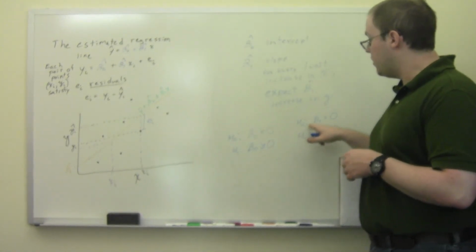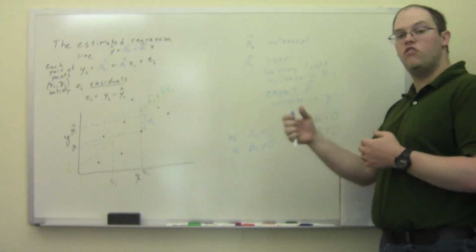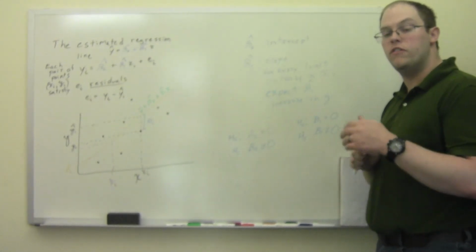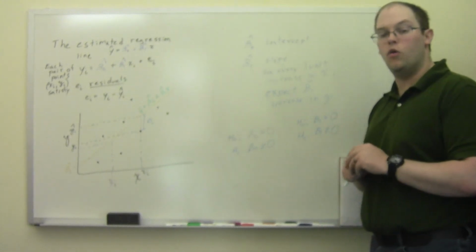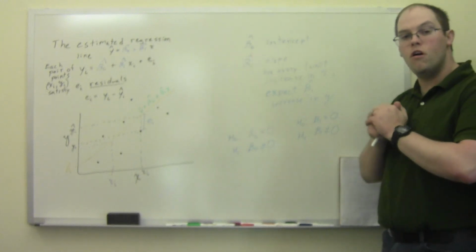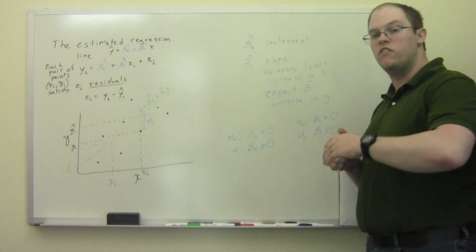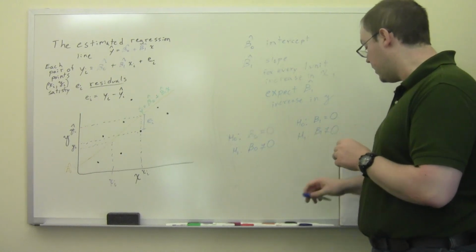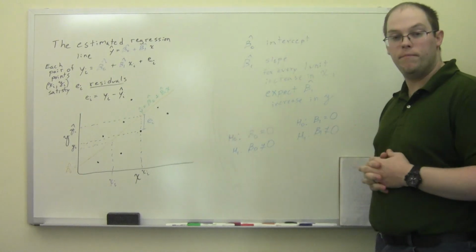Then we'll be assessing this hypothesis test for each of these predictor variables to say, is each of these variables contributing to the model or not? And if we get a p-value that's pretty high, it will say there's no relationship between the response and this particular predictor, so I should not include it in my model.